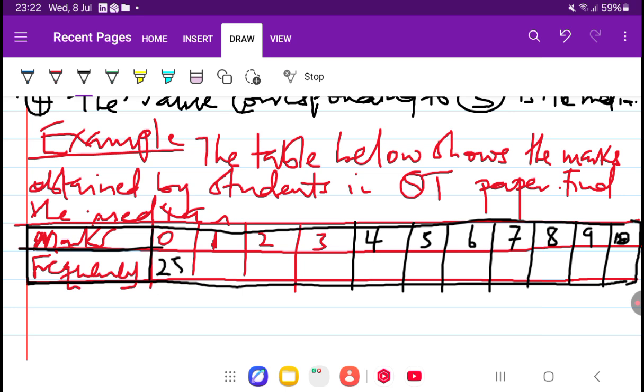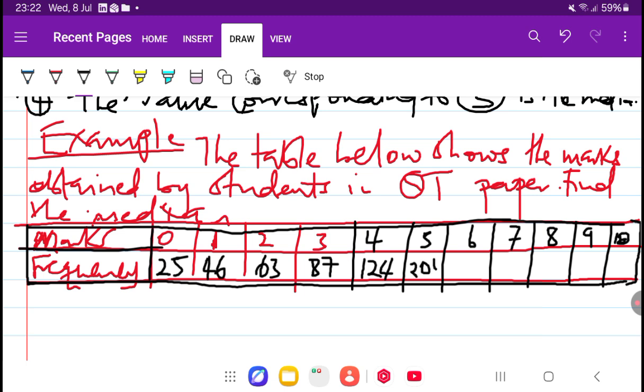Frequency here is 25. Those who scored 0. This is 46. This is 63. This is 87. This is 124.